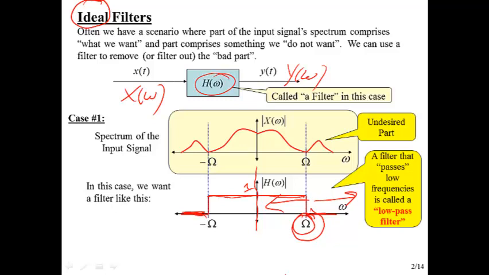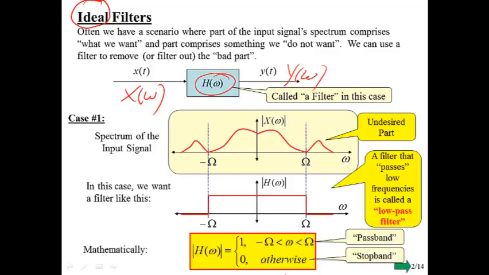Really, I should have used some other symbol there, would probably be a better choice, but well, I've made it and I have to live with it. So this is a filter that passes low frequencies, and not surprisingly, it's called a low pass filter. So mathematically, we would say magnitude of H of omega we want to be equal to 1 in this so-called pass band, and we want it to be 0 outside that pass band, which we'll call the stop band.